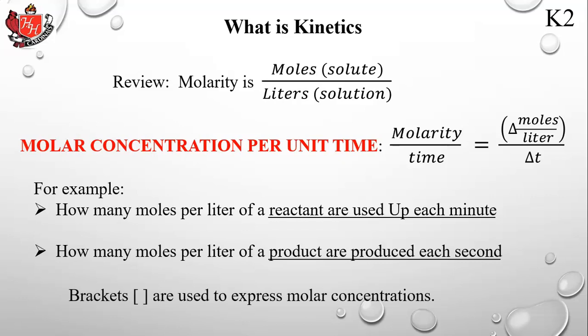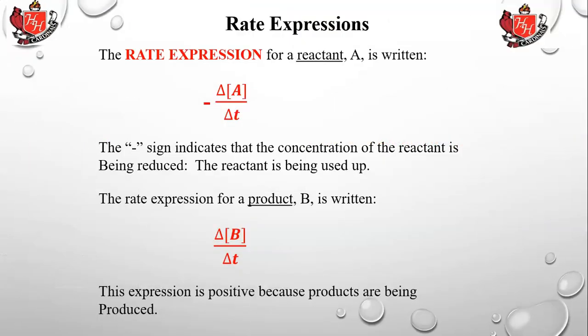The brackets are used to express molar concentrations. So the rate expression for a reactant A is written like this. It's negative delta concentration of A over delta time. So what it's saying is that you have a change, that's the delta, in the concentration of A in a certain amount of time.